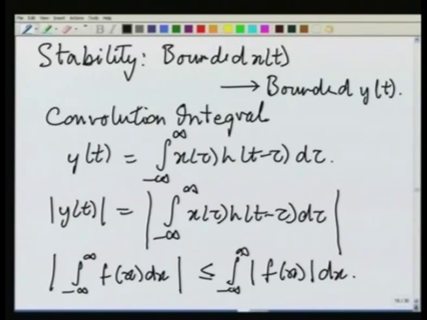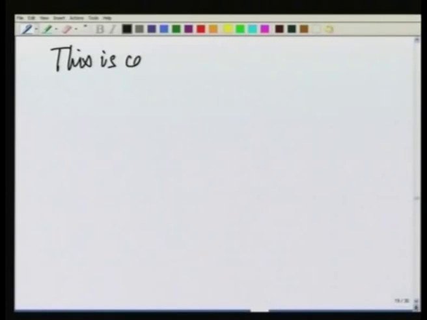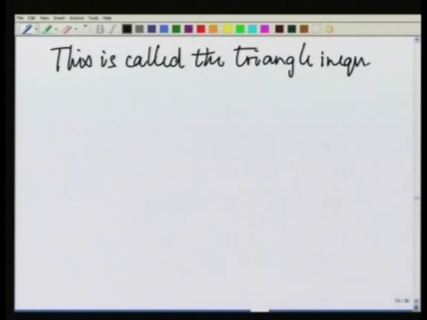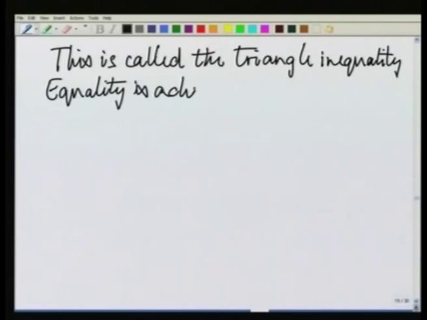We can say these two things about the triangle inequality: equality is achieved when f(x) is greater than or equal to 0.